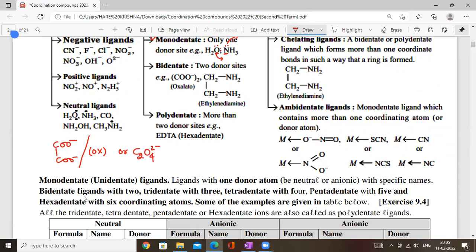There is another ligand which is one of the most important examples of a bidentate ligand, called ethane-1,2-diamine, also called ethylene diamine, where of course there are two donor atoms, right? Just like the oxalate ion has this as a donor atom and this also as a donor atom, meaning there are two oxygen atoms which are donor atoms.